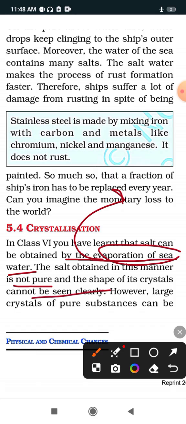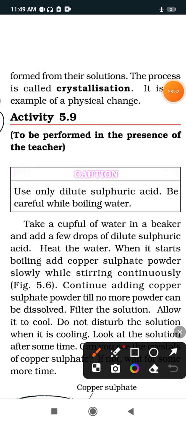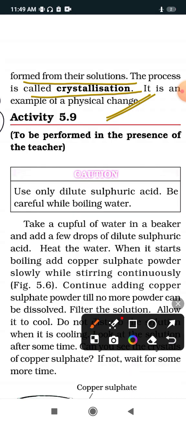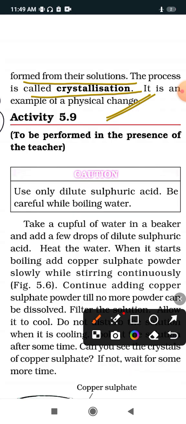When large crystals of a pure substance form from their solution, the process is known as crystallization. It is an example of physical change.